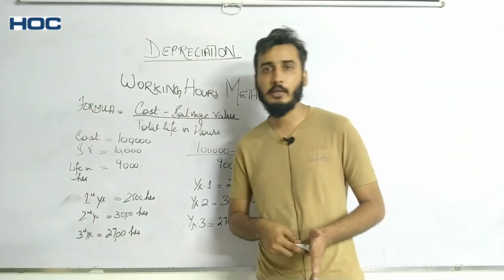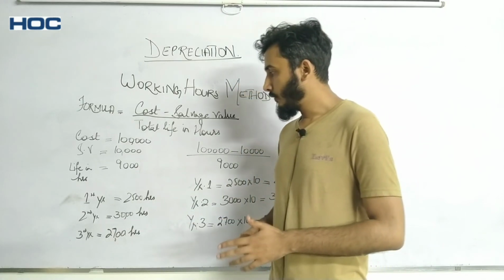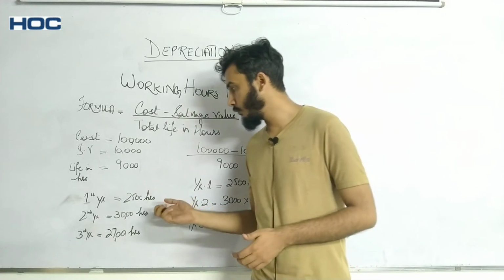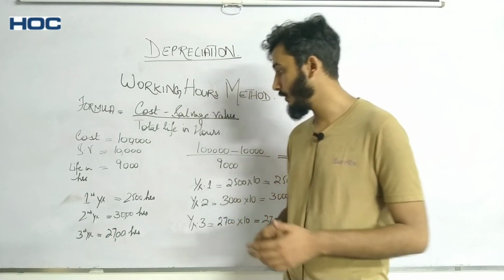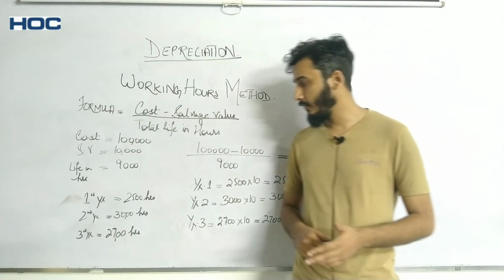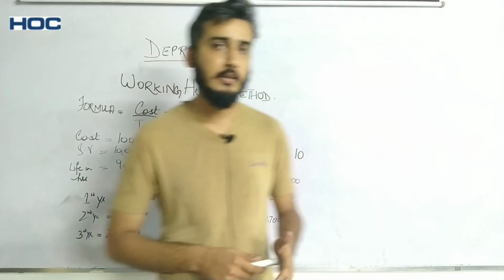And we have got 10 rupees per hour depreciation. Now we have the following data in the question: first year we used the machine for 2,500 hours, second year for 3,000 hours, and in the third year for 2,700 hours.